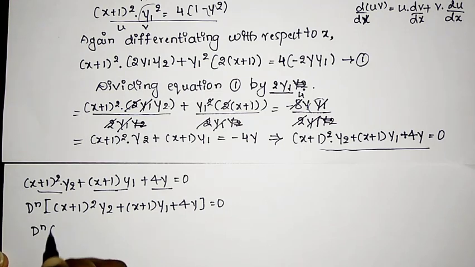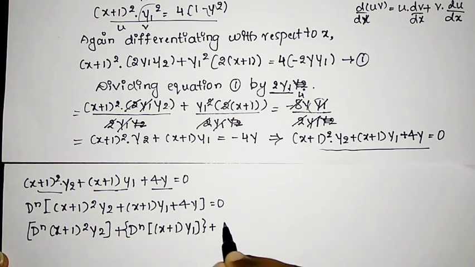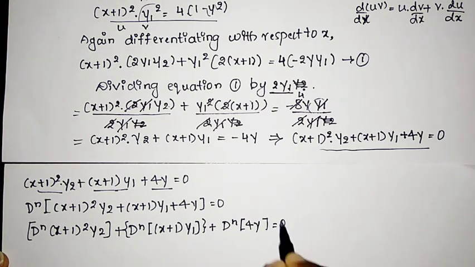That is x plus 1 whole square into y2 plus x plus 1 into y1 plus, apply the Leibniz theorem for 4 into y. Now we shall solve this individually. First we need to apply for this, then for this, and then separately for this.